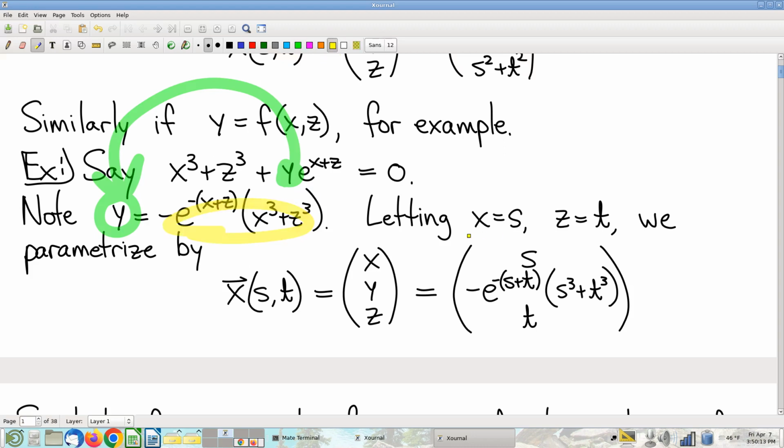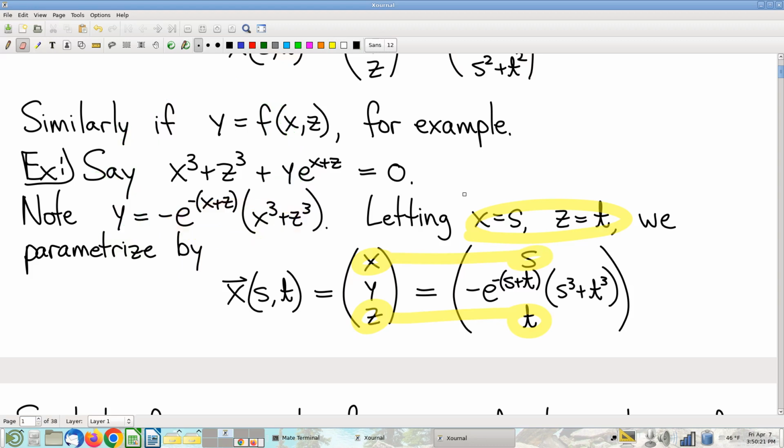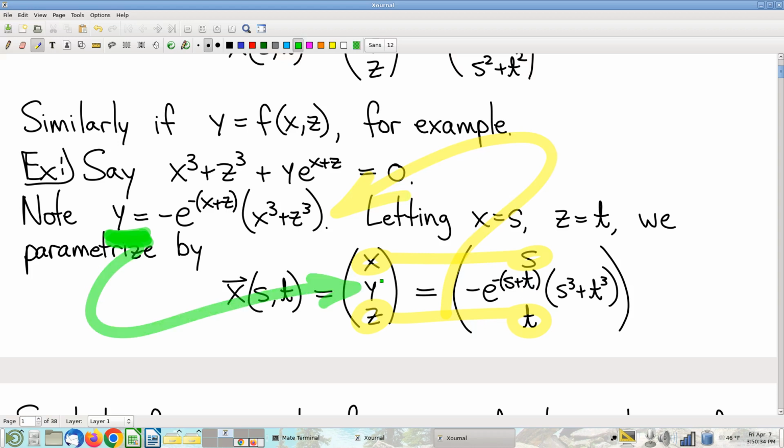So x and z will be my parameters. And with x and z as my parameters, and y being a known function of x and z, plugging in those formulas for x and z kind of forces me to choose y to be that. And done. Parameterization, right? Check it out. I've got x, y, and z as functions of two parameters, s and t. Victory. Everybody happy?